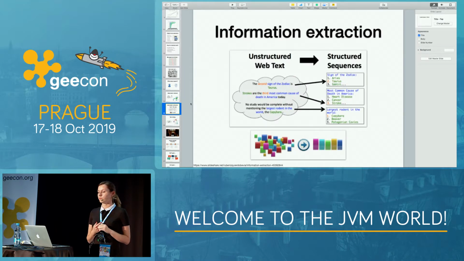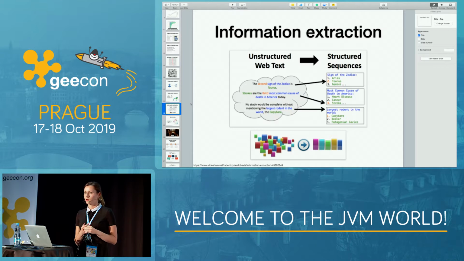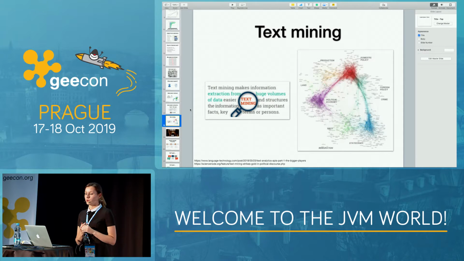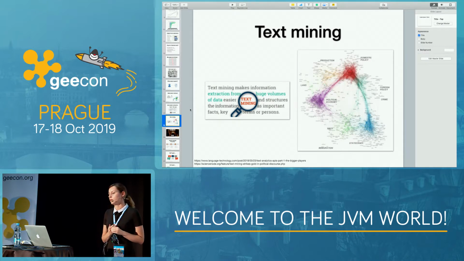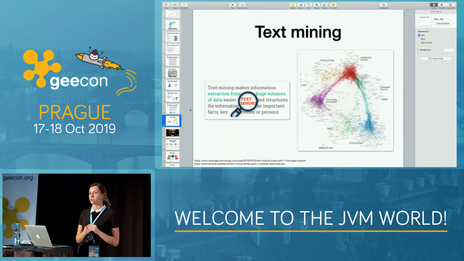Another concept is information extraction. So basically, you're using, again, the same concept, a huge amount of data, which is unstructured, and you want to get structured sequences and then give the user the answer for the question. Next part is text mining. It's very useful in information extraction.